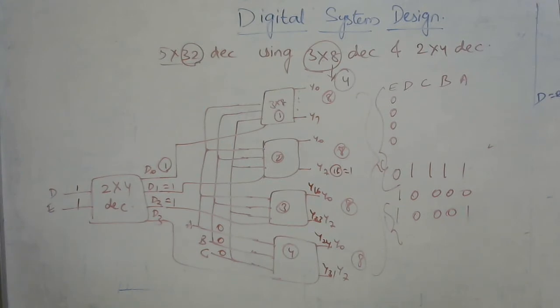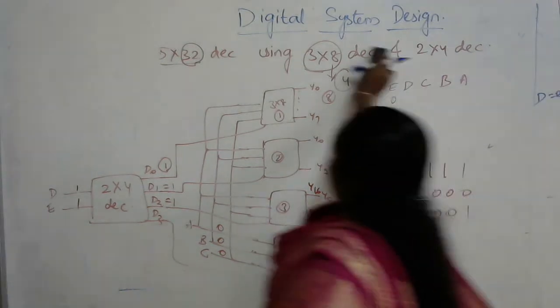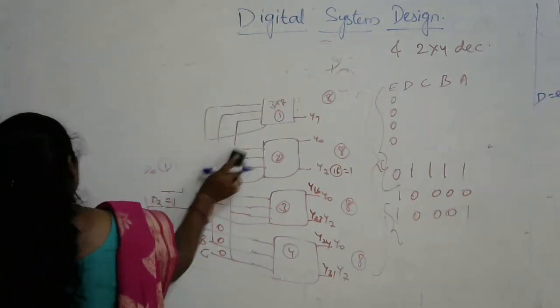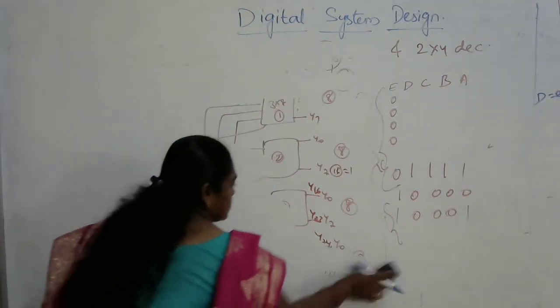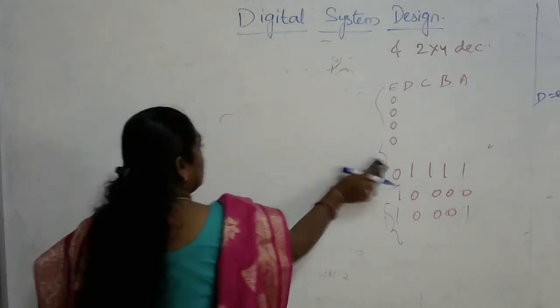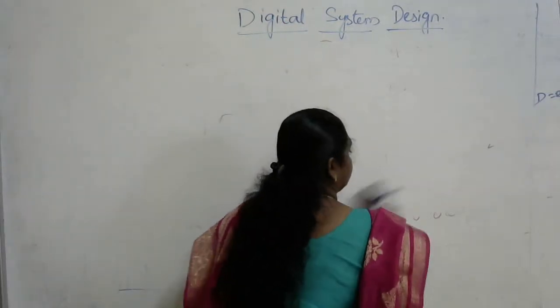So here if I want to perform an SOP implementation, let me take an active high decoder. Let us do two problems based on this decoder circuit.